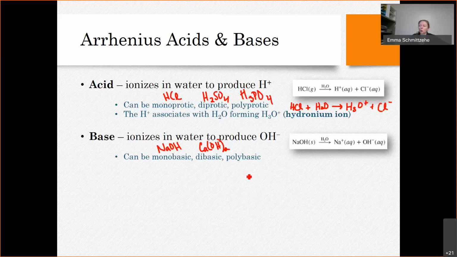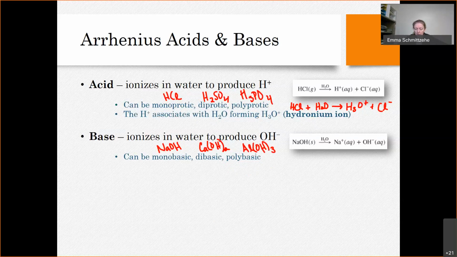So you could call calcium hydroxide also polybasic. Or we could have something like aluminum hydroxide, that would be Al(OH)3, and that would also be polybasic because you have multiple OH minuses that could be released in solution. So you should be familiar with that terminology.